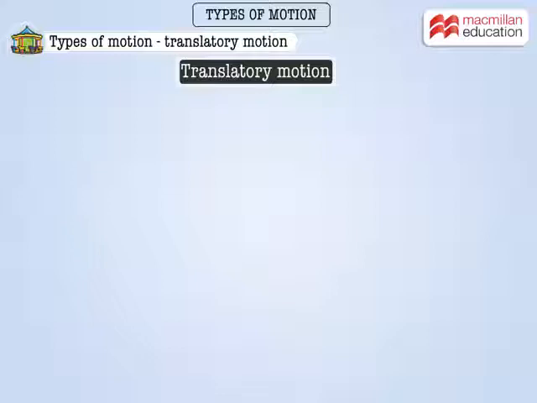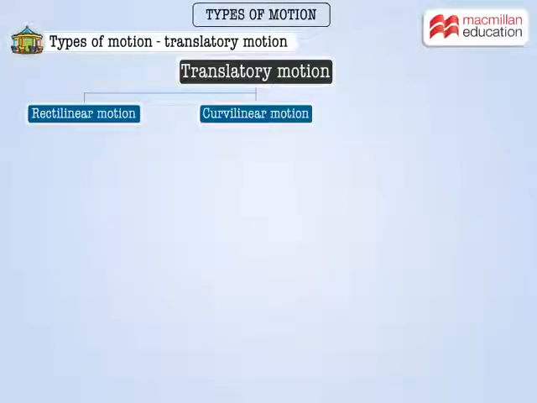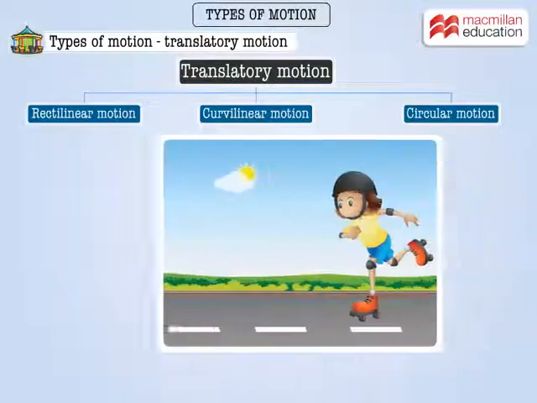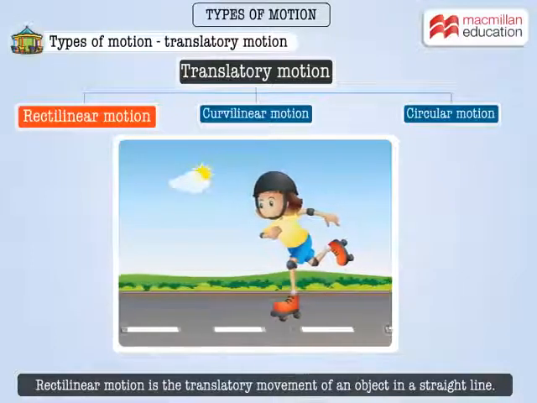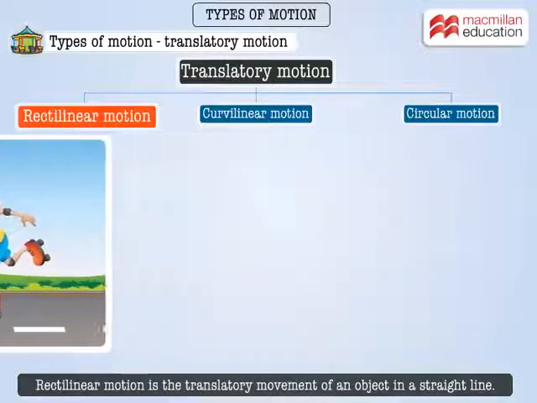Translatory motion is further classified into three types: rectilinear motion, curvilinear motion, and circular motion. Rectilinear motion is the translatory movement of an object in a straight line.